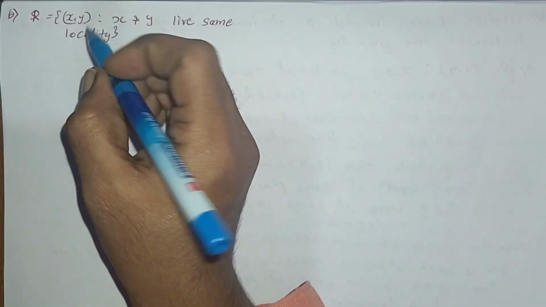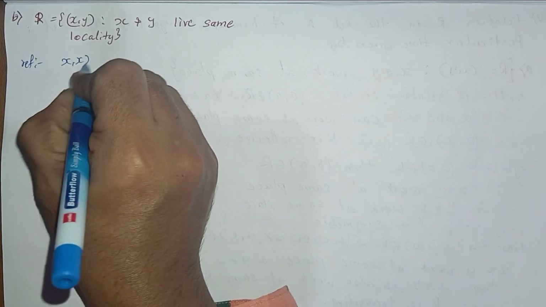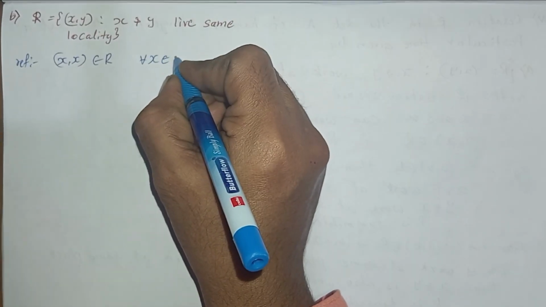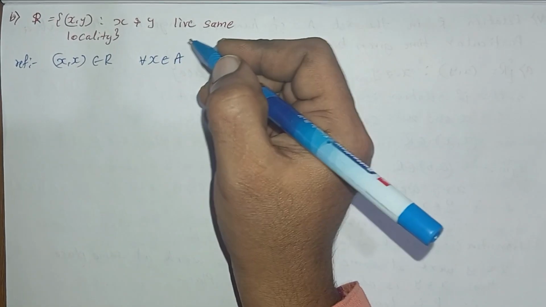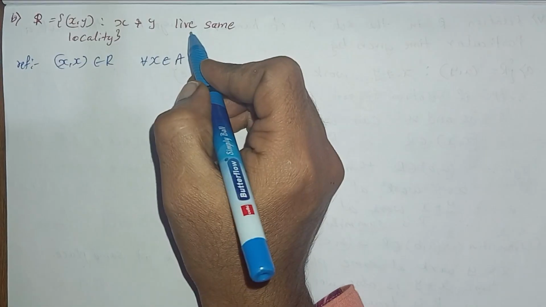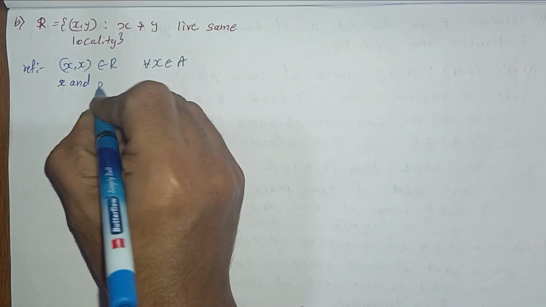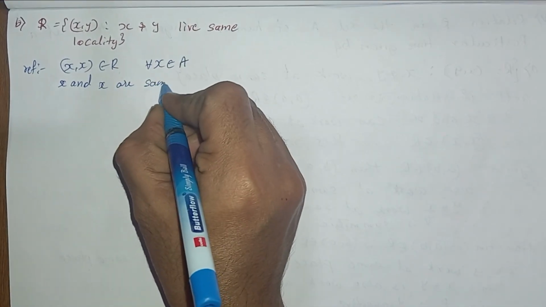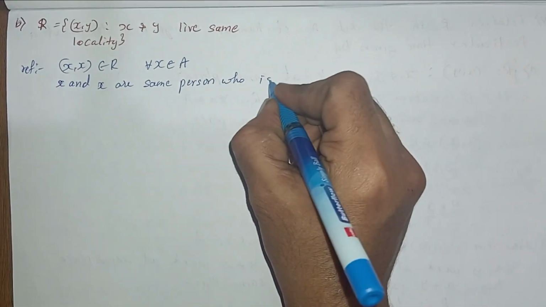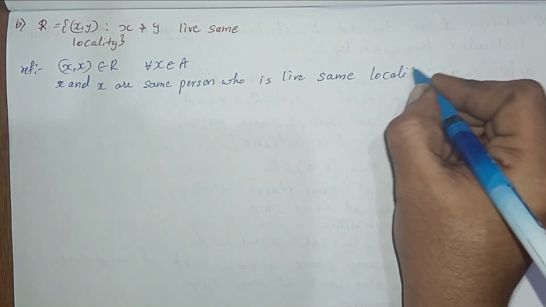For reflexive, (x, x) should belong to R for every x belonging to A. If we take the same person with himself, x lives with himself in the same locality.